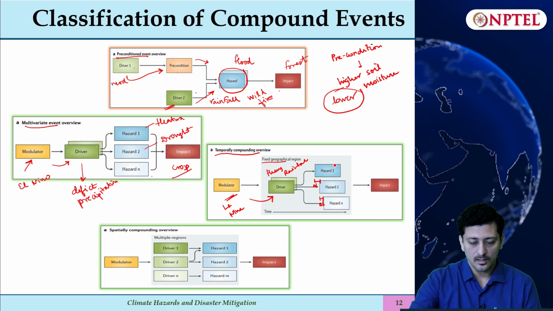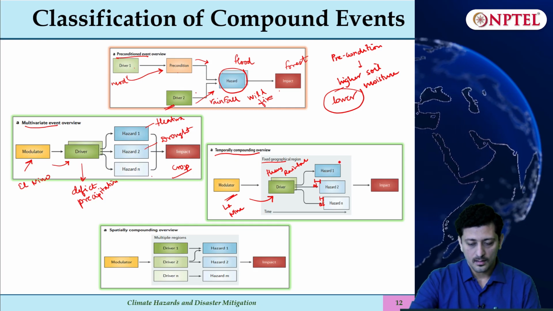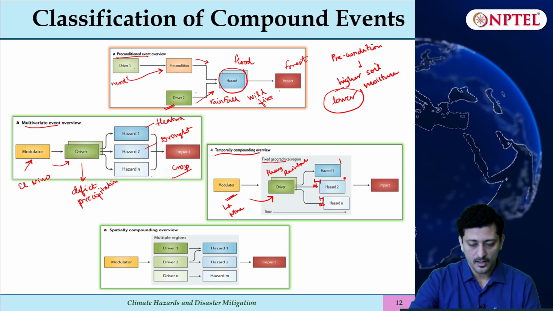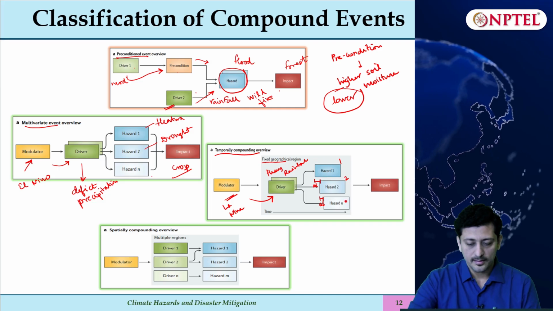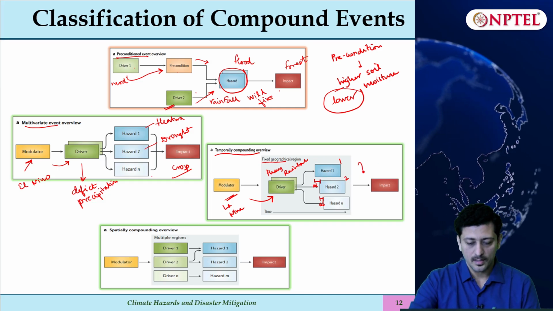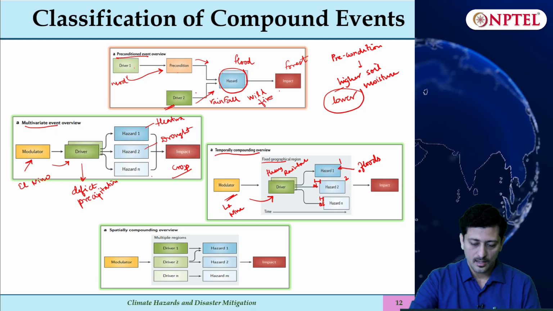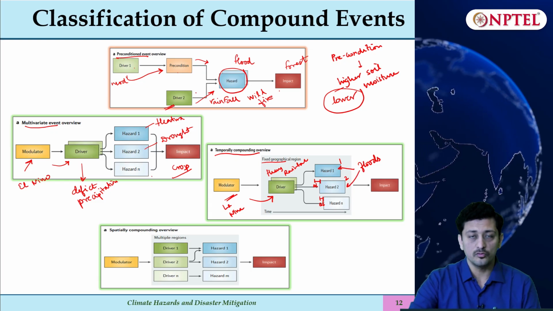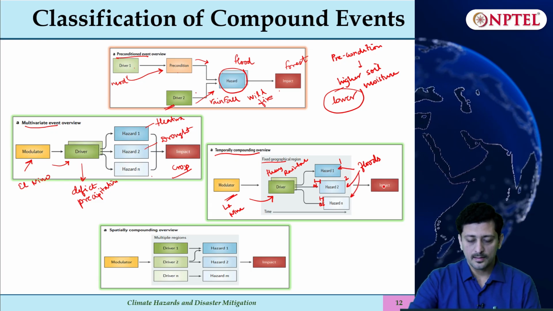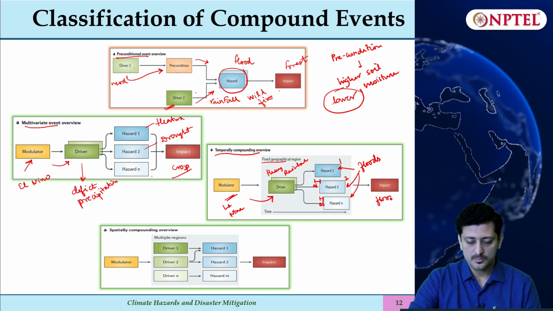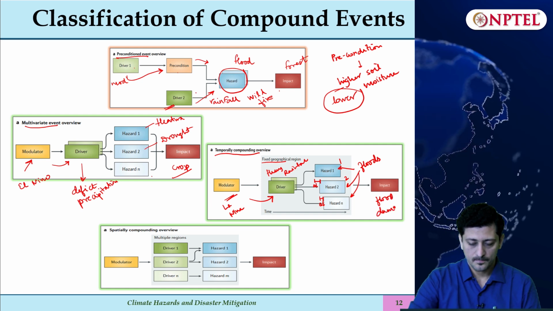Then it can result in rainfall in catchment 1, then rainfall in catchment 2, and then they can accumulate at a certain time, and then they can cause floods in these catchments. So these catchments can result in pluvial or fluvial floods, and then they cause widespread flood damage.